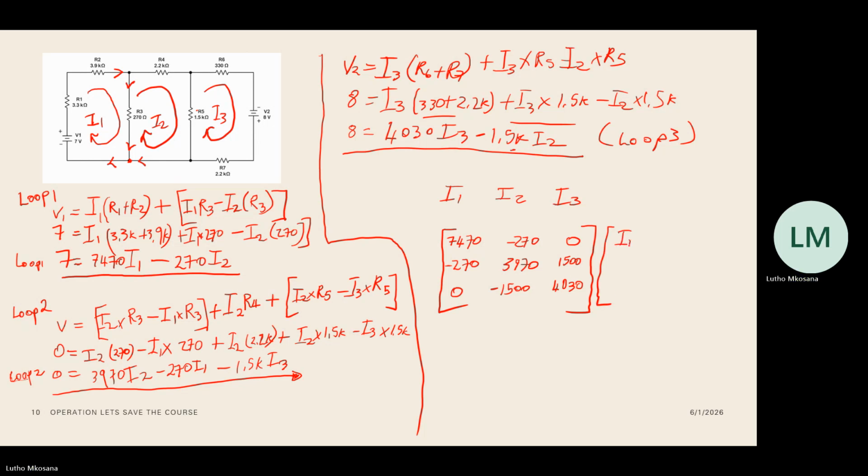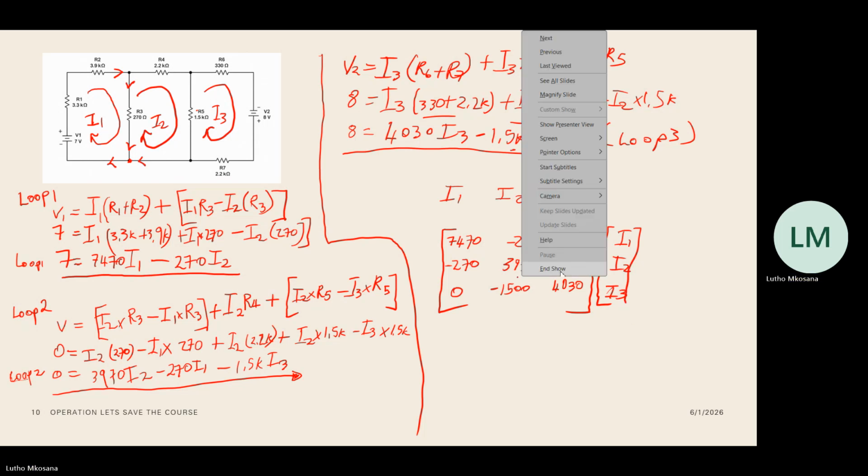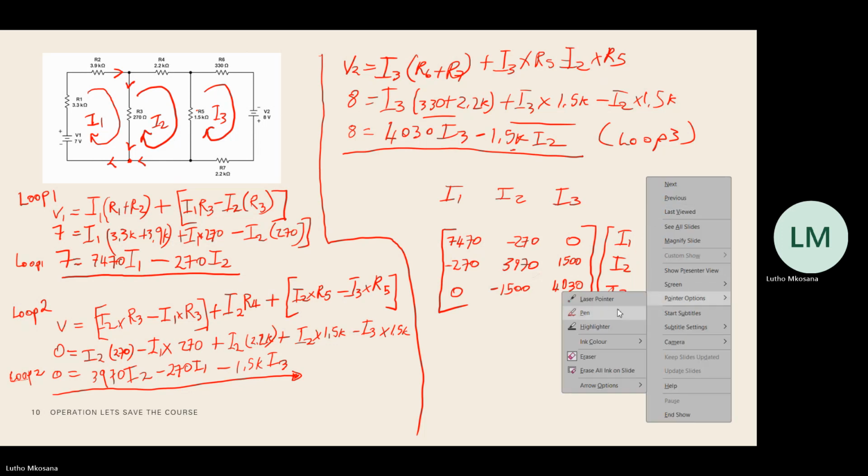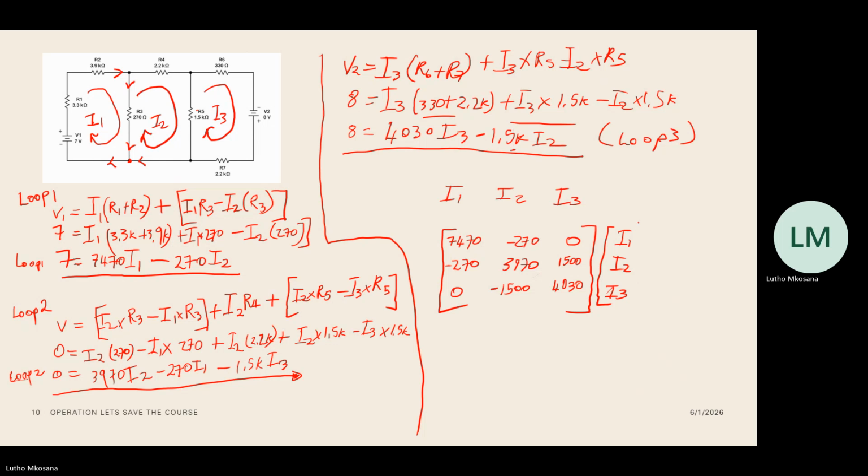So loop 1 is equal to 7, loop 2 is equal to 0, loop 3 is equal to 8.